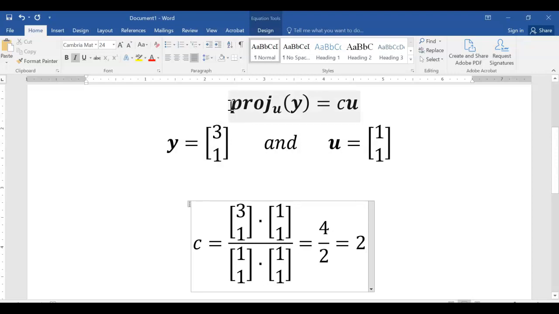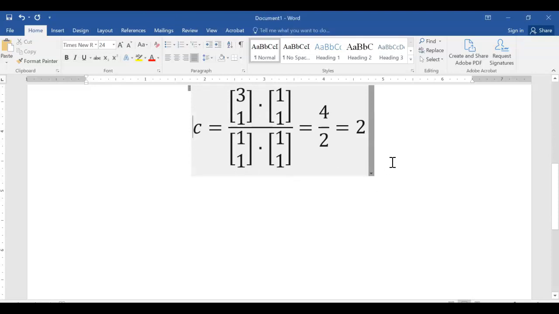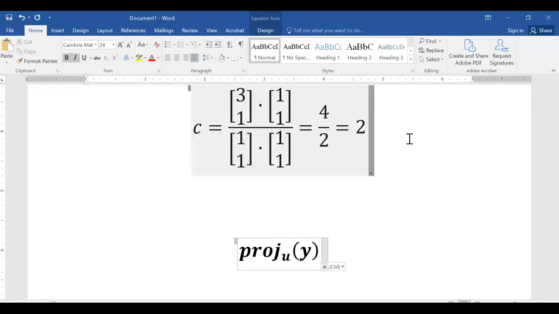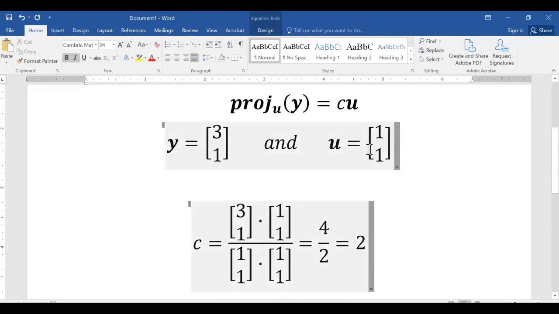So what this means is that if we're looking at the projection of y onto u, what we get is 2 multiplied times the vector (1, 1).